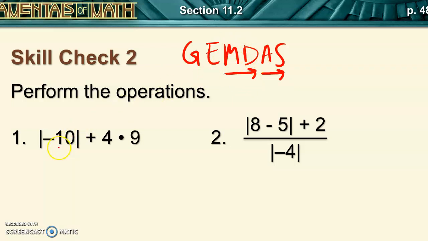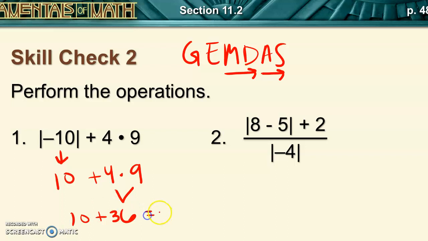The absolute value of negative 10 is just going to be positive 10 plus 4 times 9. Should we add first or multiply first? Order of operations says we multiply or divide before any addition or subtraction, so we have to multiply. 4 times 9 is 36, and 10 plus 36 is 46. Cool?